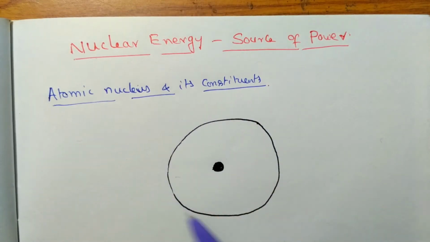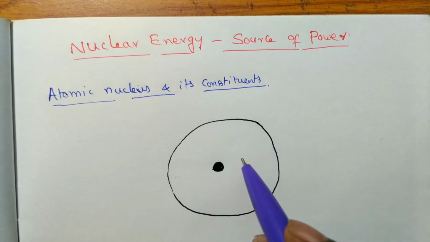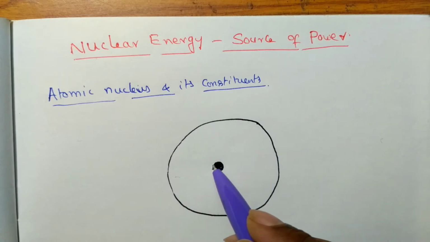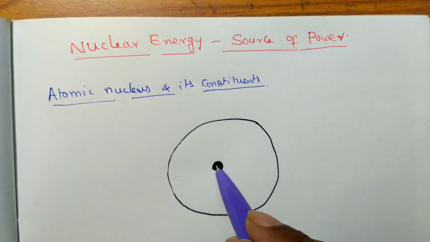Let us consider an atom. This atom consists of positively charged protons along with neutral neutrons occupied in a small volume. This is the position of protons and neutrons, and this center is known as the nucleus.